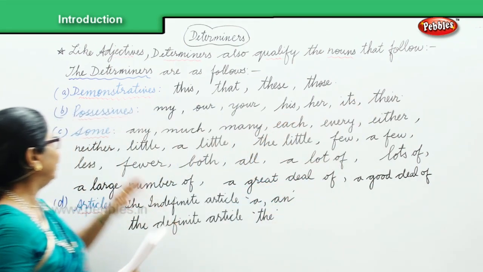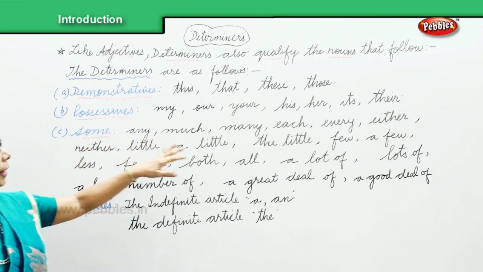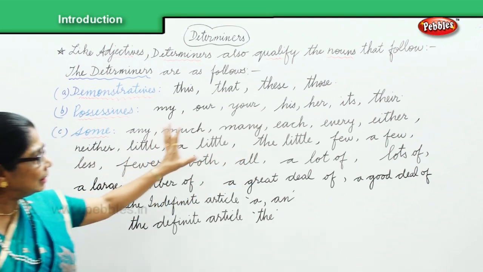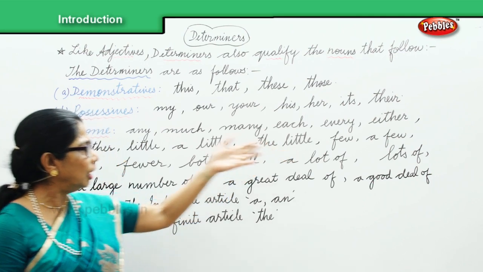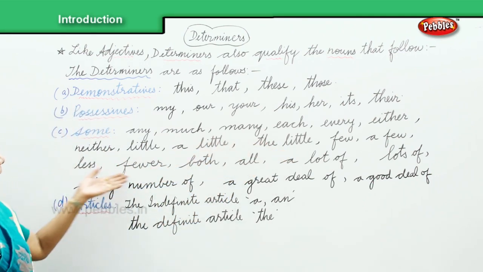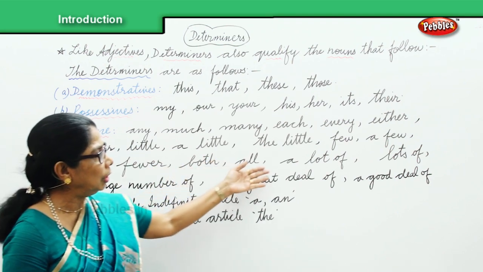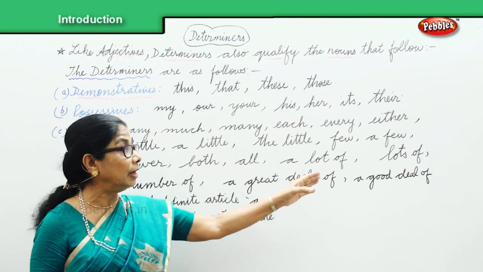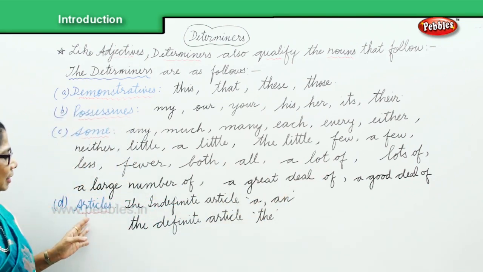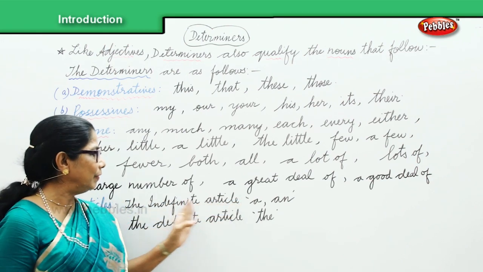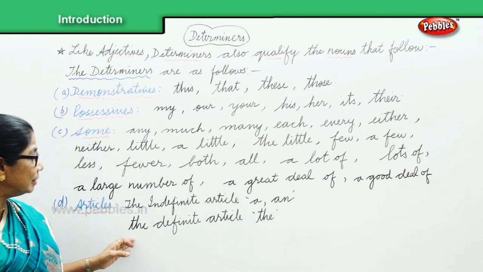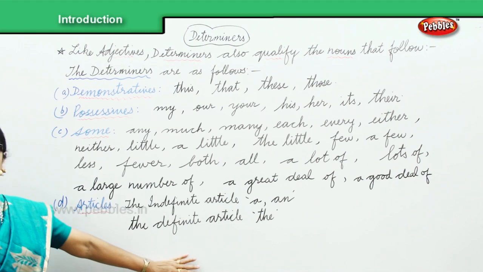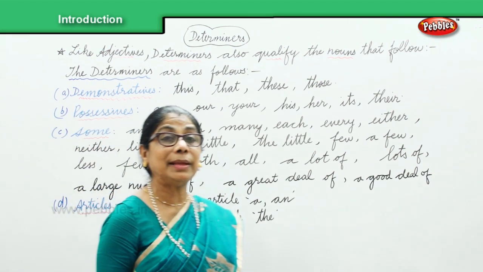Then we have some, any, much, many, each, every, either, neither, little, the little, few, a few, less, fewer, both, all, a lot of, lots of. Then a large number of, a great deal of, a good deal of. Then in articles we have the indefinite article a and an, and the definite article the. So all these are determiners, and now we're going to see how we use them in sentences.